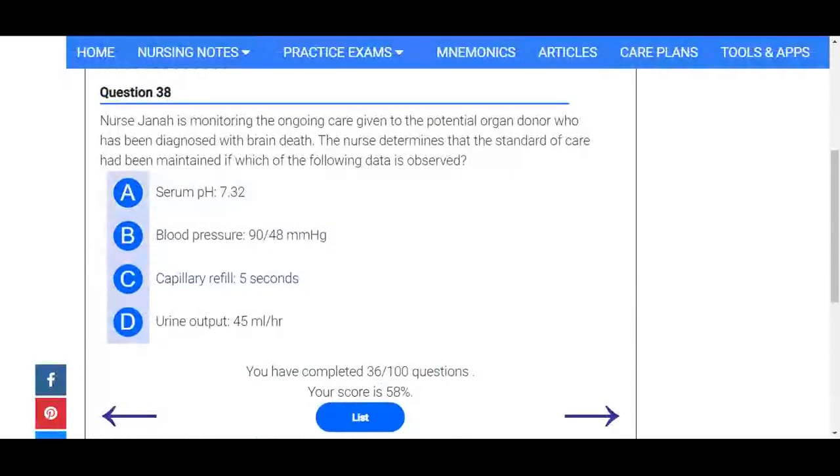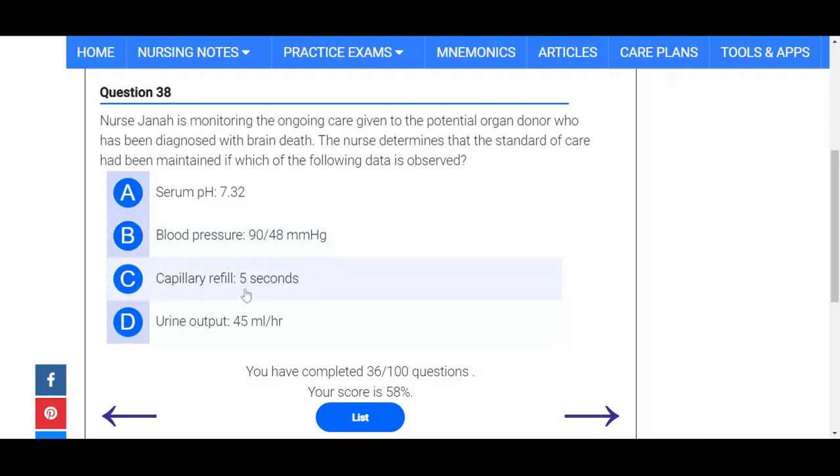Now, another one. Nurse Jana is monitoring the ongoing care given to the potential organ donor who has been diagnosed with brain death. The nurse determines that the standard of care has been maintained if which of the following data is observed. Serum pH of 7.32, blood pressure 90/48 mmHg, that is very low.